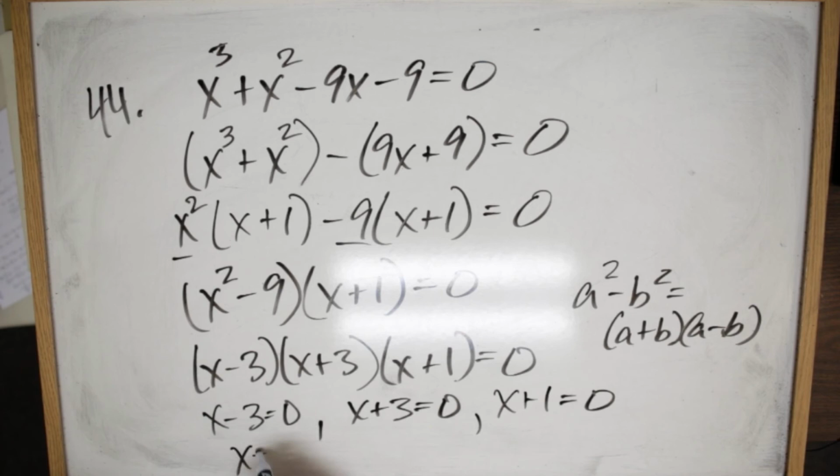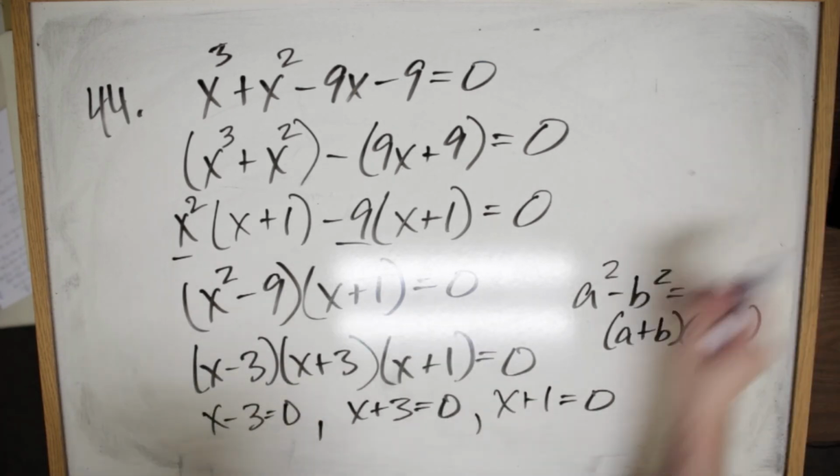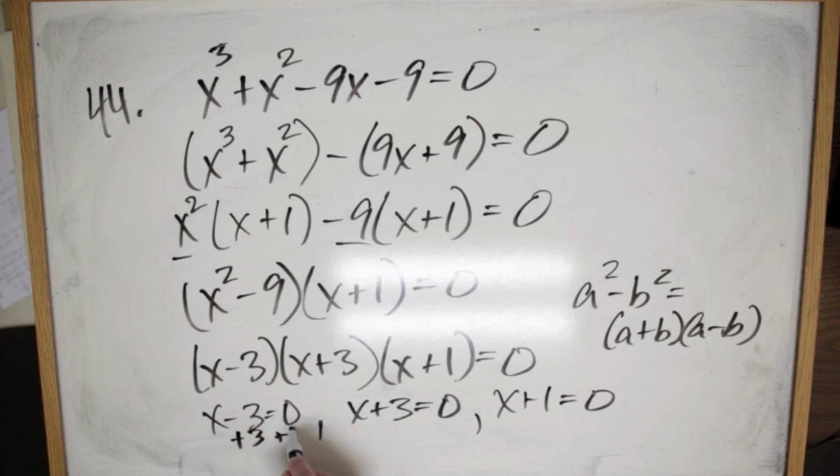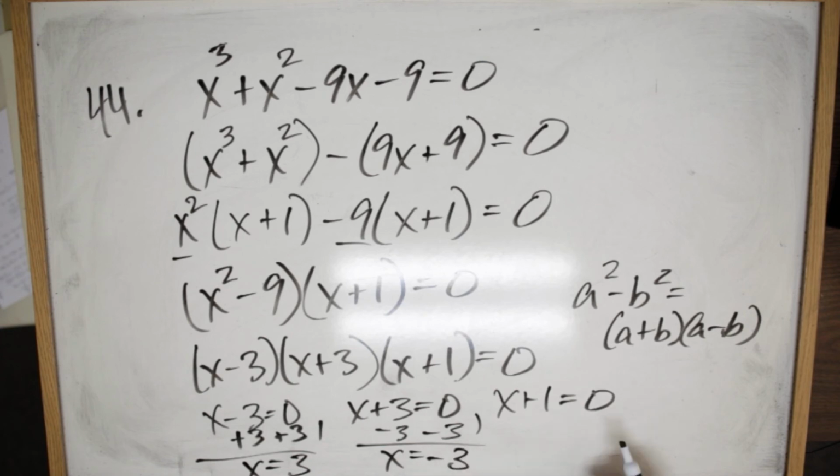So x is equal to, well, hang on. I will add 3 to both sides, subtract 3. Well, okay, again, I said do the whole thing, so let's just do it. x is equal to 3. Subtract 3. x is equal to minus 3. And then subtract 1. x is equal to minus 1.